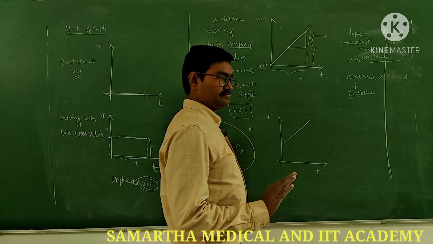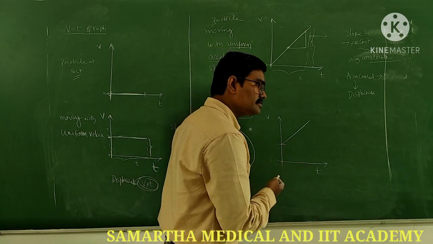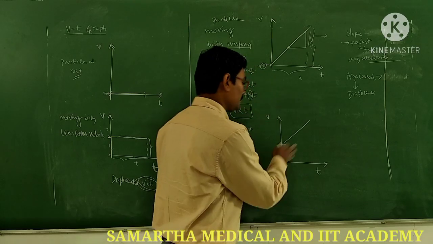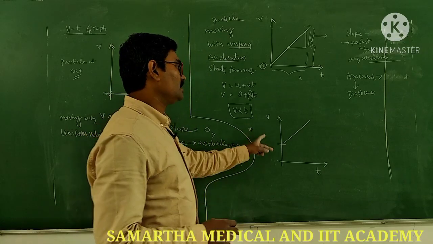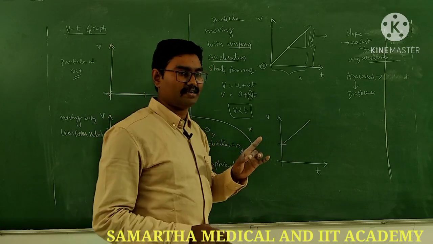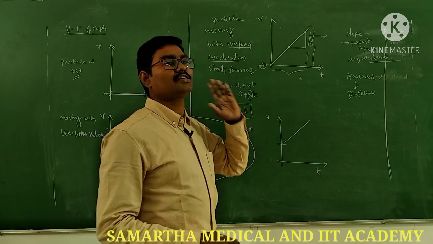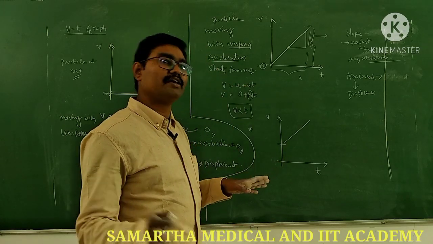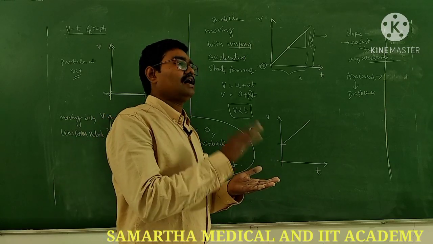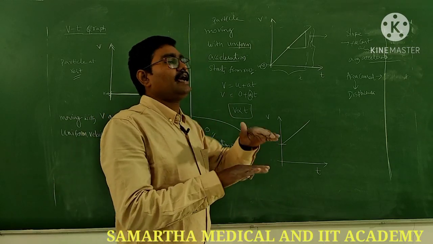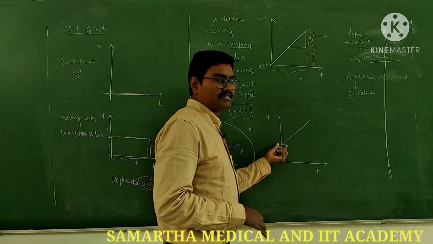Not from rest; some initial velocity is already there. Not from the origin. So there are three conditions. One, the particle is going with uniform acceleration. Second, not started from the origin. Third, the particle is not from rest, already in motion. So suppose it is going with some uniform motion, after that suddenly acceleration takes place, uniform acceleration. In such a case you can say this.